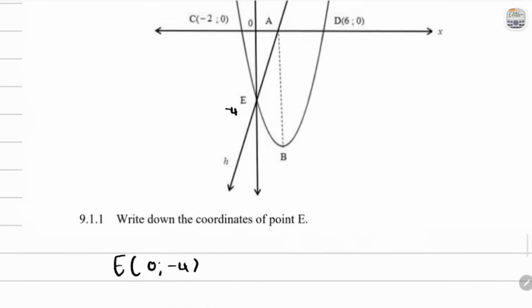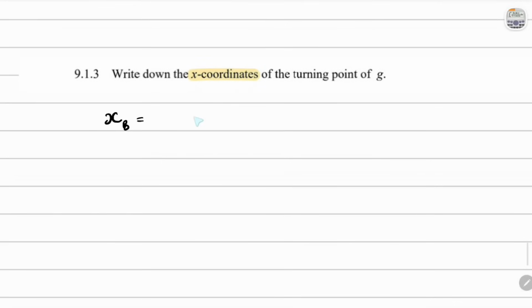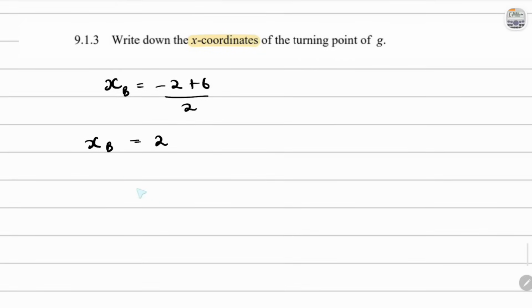Those are our intercepts. So that's negative 2 plus 6 over 2. And we know that 6 minus 2 is 4. So the x value is simply 4 over 2, which is 2. And there we go. That is our answer.